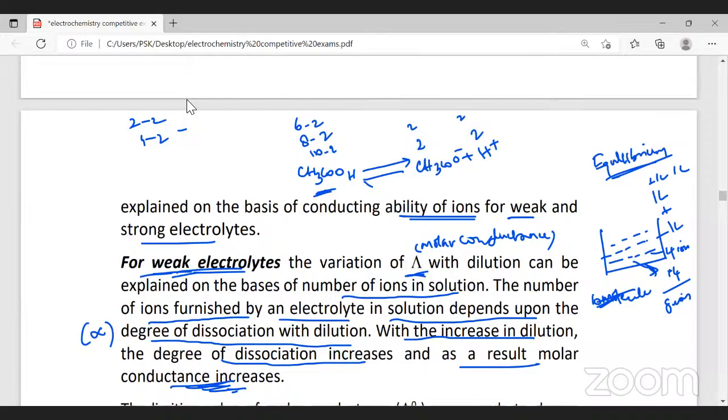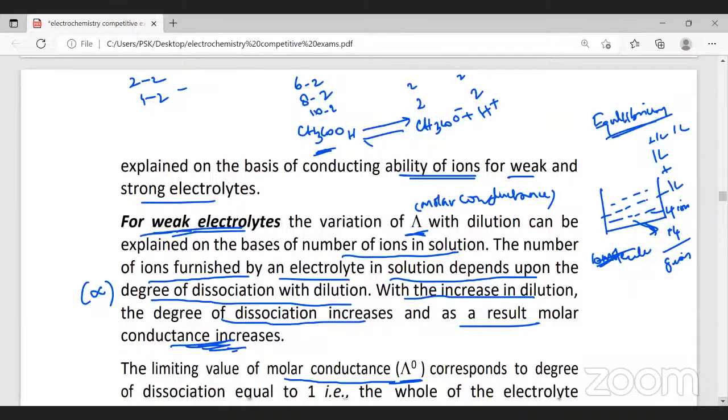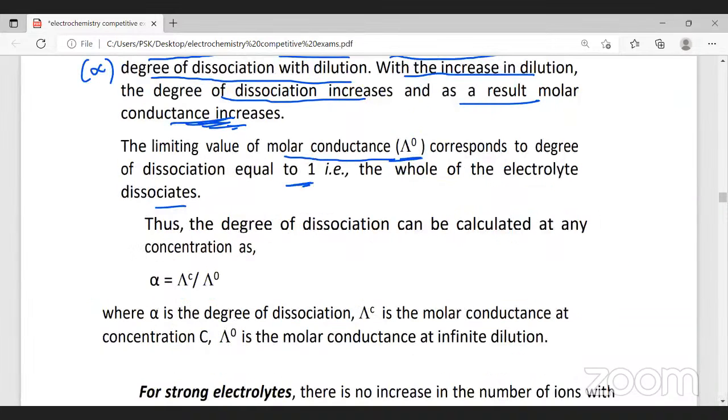So any weak electrolyte at infinite dilution will behave like a strong electrolyte. That means at infinite dilution, all of the weak electrolyte will dissociate. That is called the limiting value of molar conductance, represented as lambda naught.